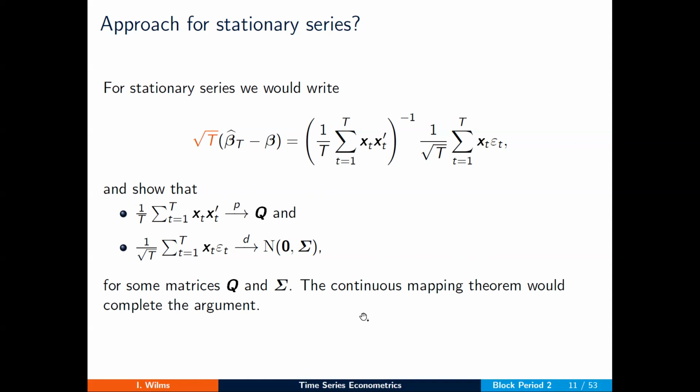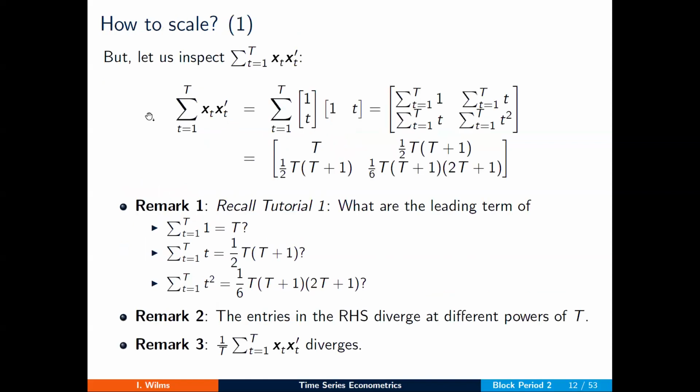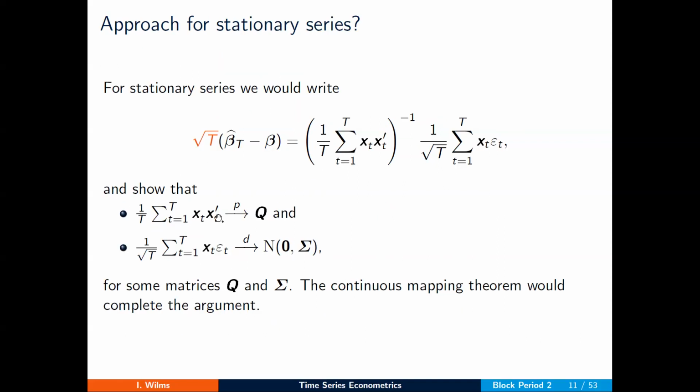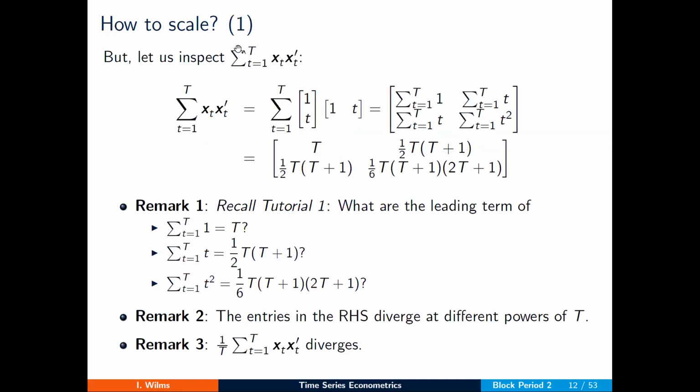Now let's have a look at how we would scale this term. Let us start with the cross product of the x's popping up over here. Since x is a vector consisting of two elements, this cross product would give us a 2 by 2 matrix.